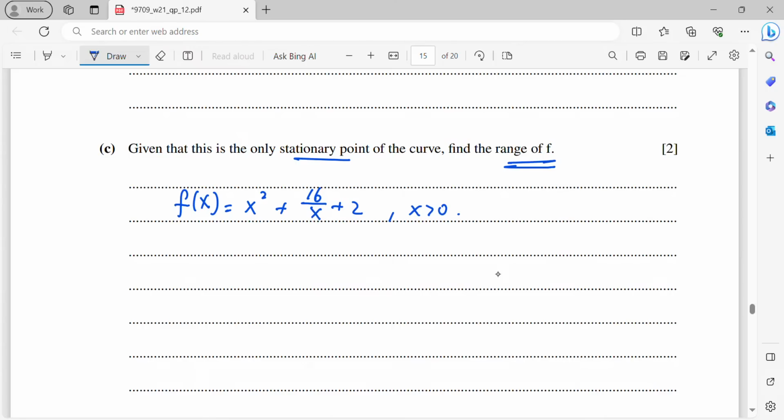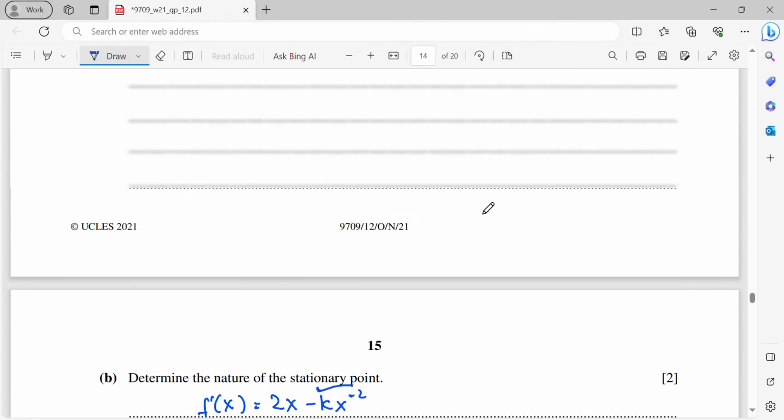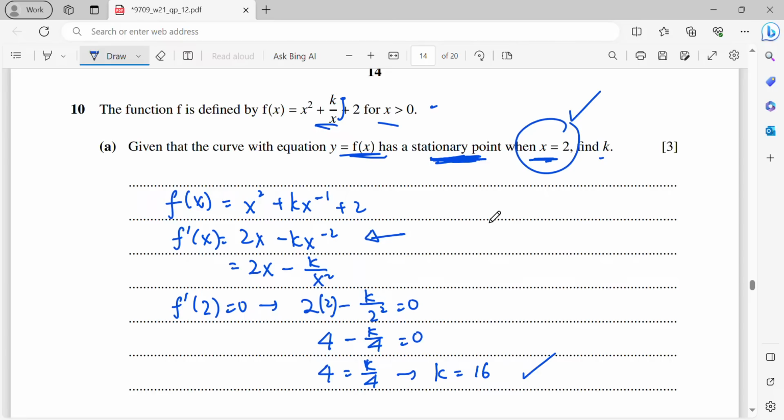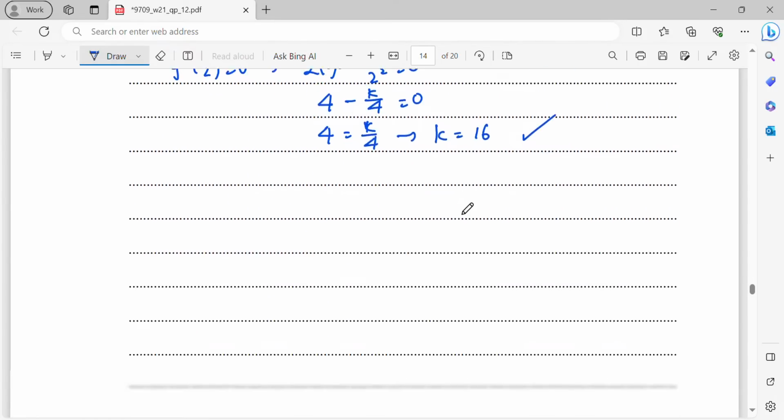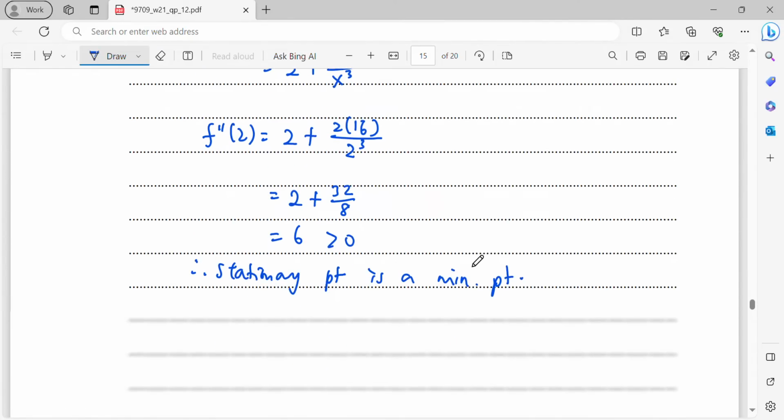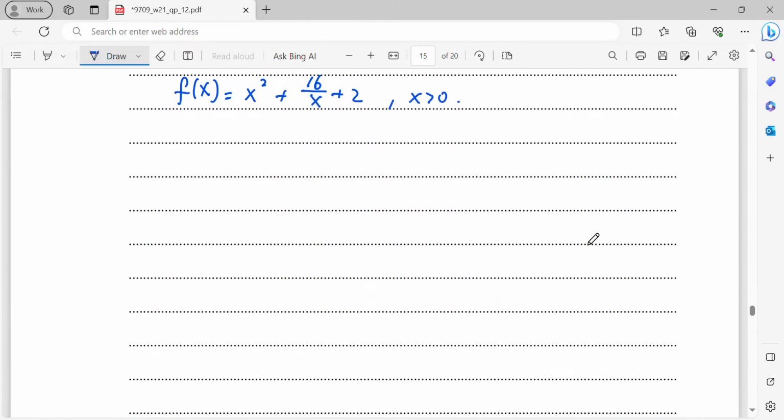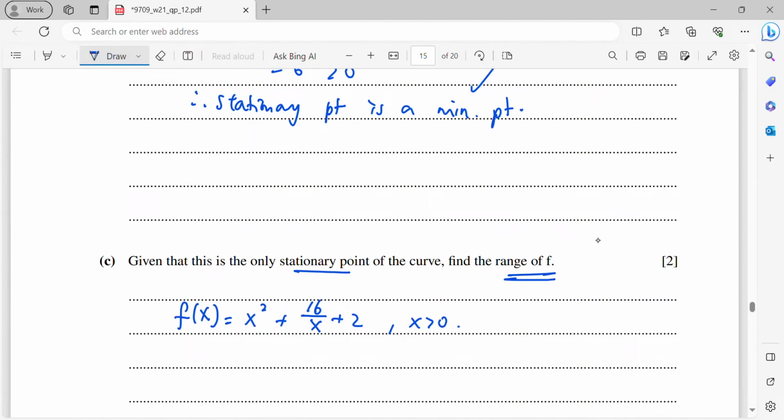And then just now we have solved for k. In the previous question it is given that the stationary point is at x equals 2, and this point is basically a minimum point. So now I need to find what is the minimum value. So f(2) is 2 squared plus 16 over 2 plus 2.